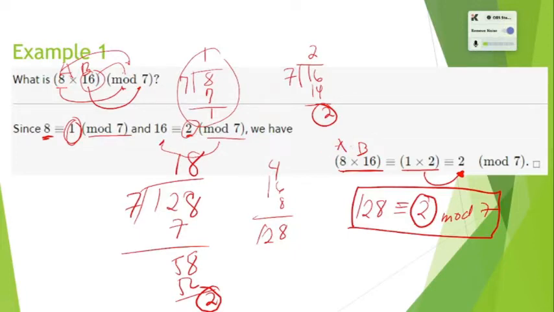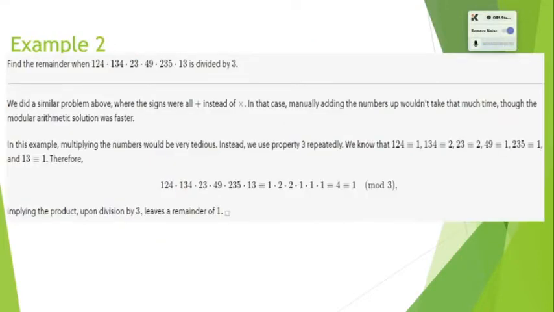Now, let's go with the next slide. Now, find the remainder when 124 is multiplied with 134, 23, 49, 235, and 13 is divided by 3. Okay?